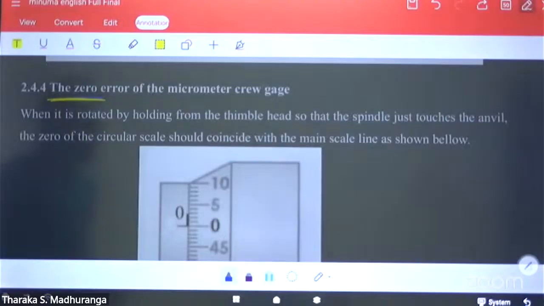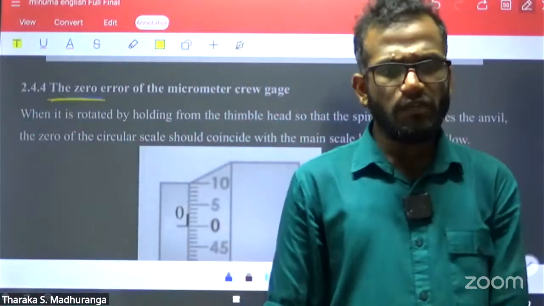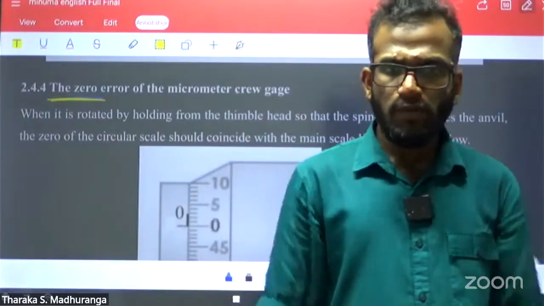Now we already discussed the zero error of the vernier caliper, right? What's the meaning of the zero error of the vernier caliper? Do you remember?